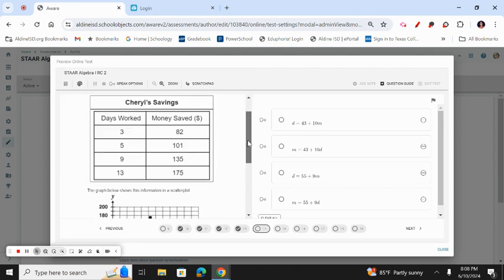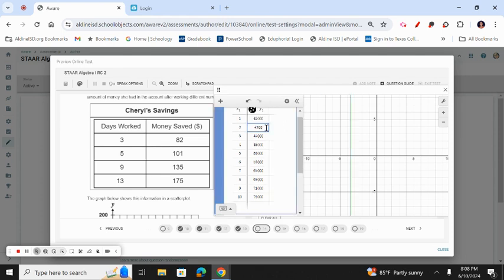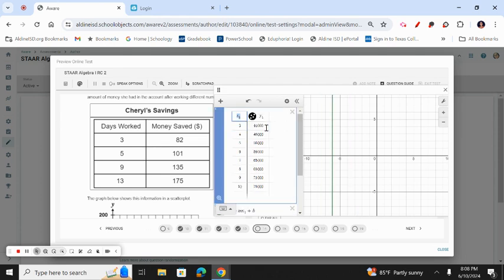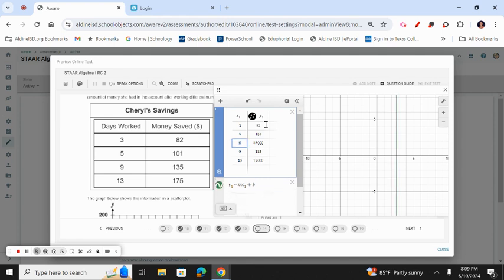It gave you the whole entire table, so let's just enter the table to be more accurate. $382, 101, 135, 13, 175.